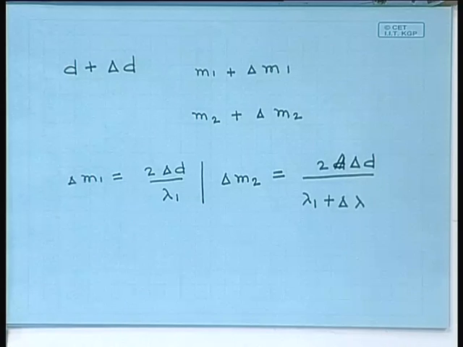So, the point to note over here is that if I move one of the mirrors so as to increase the separation in the lengths of the two arms, I move one of the mirrors by an amount delta d. For the wavelength lambda 1, the order of the central fringe increases by a certain amount. For the wavelength lambda 1 plus delta lambda, the order of the central fringe increases by a different amount.